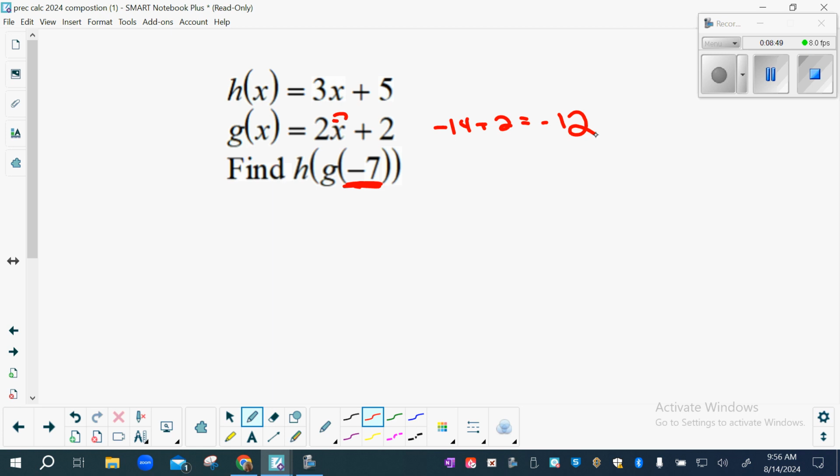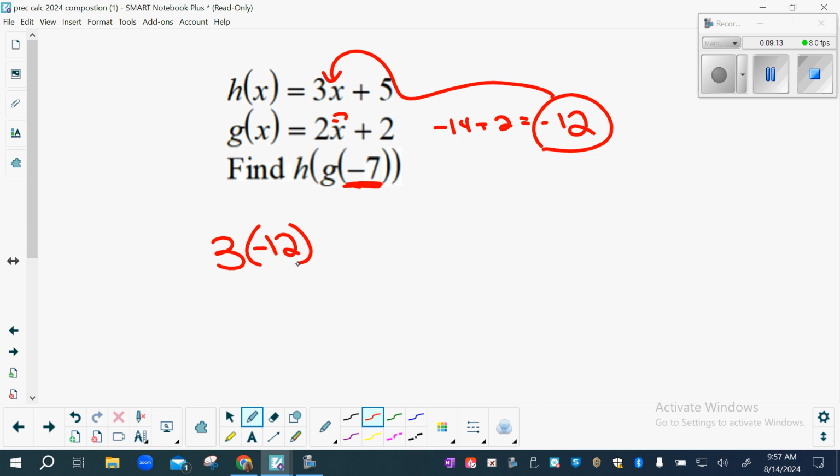They'll say, oh, do I know the -7 to do this? No. Composition says you take your answer, your range, and you use it for this guy right here. Does that make sense? What's composition? It's a cupcake roll. Cupcake in the box, box in the bag. 3 times -12 plus 5, -36 plus 5, -31. How is that? Is that easy? Yeah? Okay, light work.